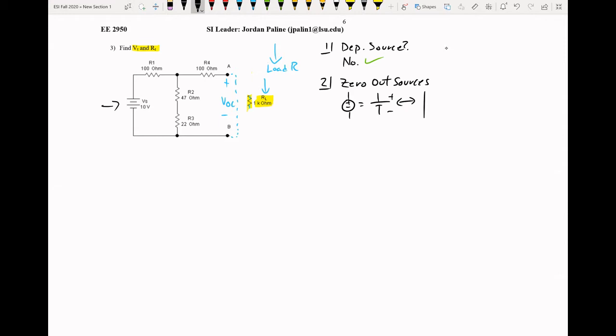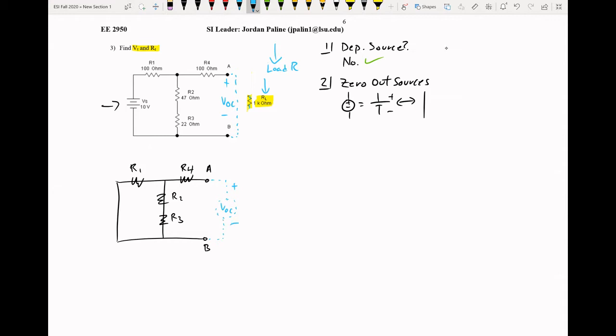And we will come down here and redraw it. R1, R2, and R3. And this is R4. That's A and that's B. Okay. And if we came down here, imaginary source, plus minus.